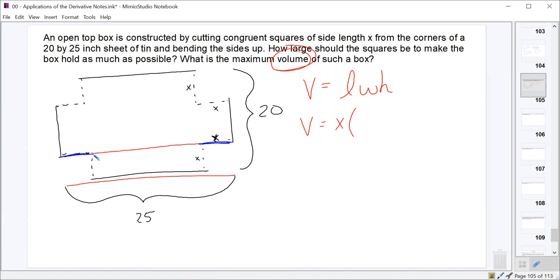So we've got 25 units minus 2x. So we'll have 25 minus 2x here. And similarly, we'll call it the width, we started with 20, but we cut off x and x. So that'll be 20 minus 2x.